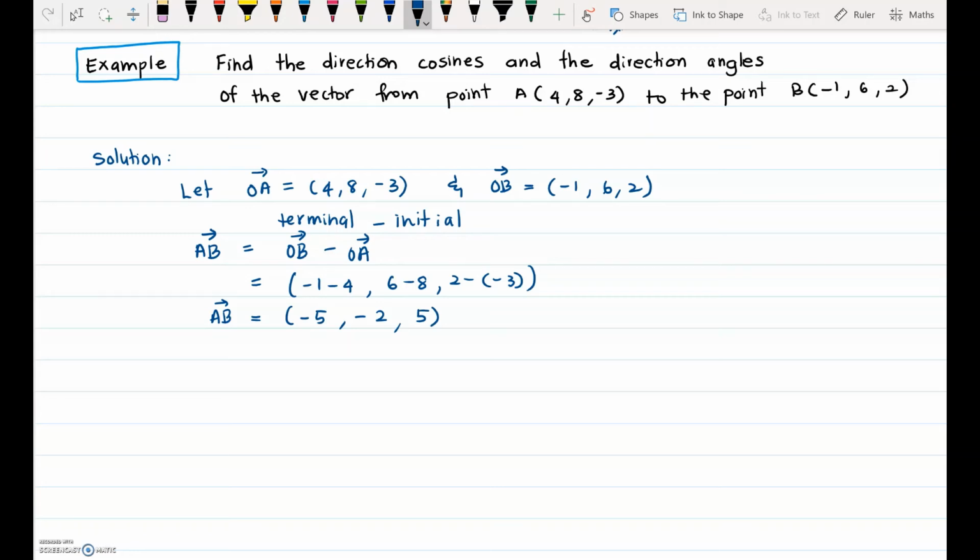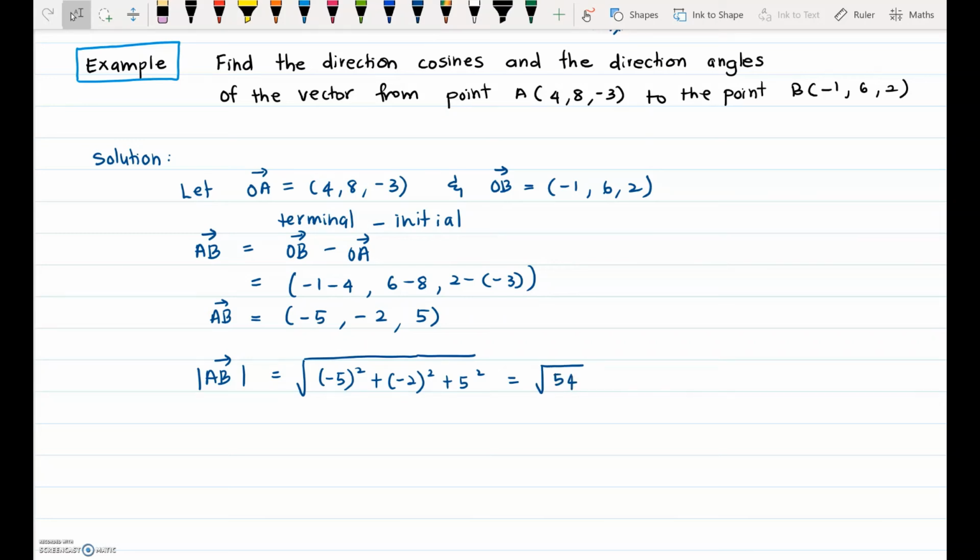Next, to find the direction we need to find the magnitude first. The magnitude of AB is the square root of negative 5 squared plus negative 2 squared plus 5 squared, which equals the square root of 54.